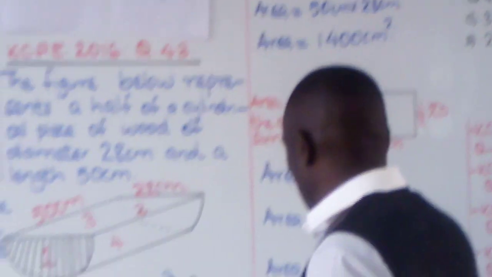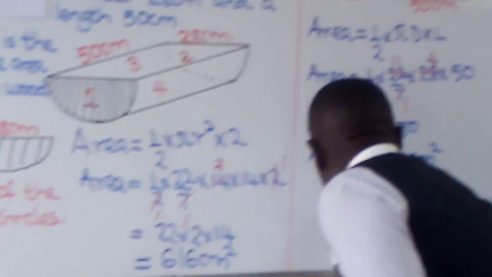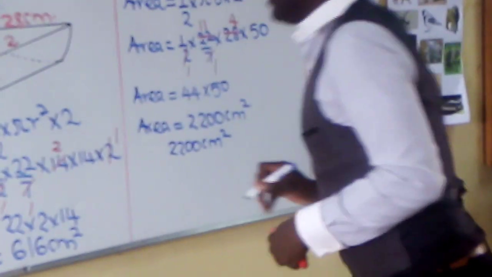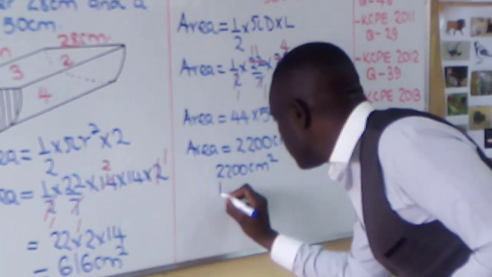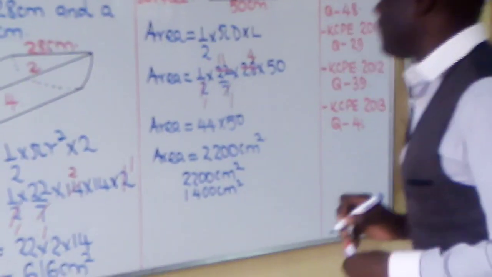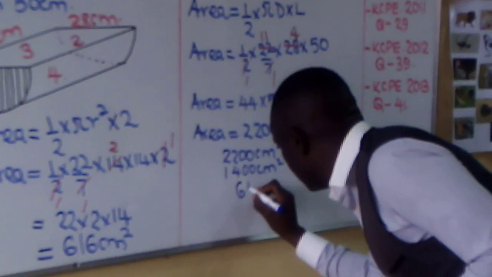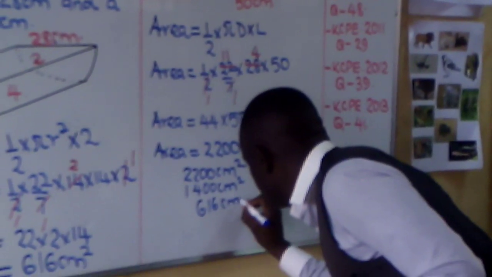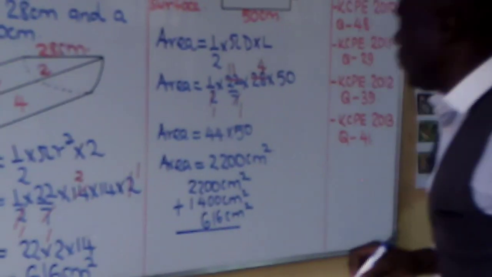And so what are we going to add? We're going to add 2,200 square centimeters plus 1,400 square centimeters plus 616 square centimeters, and then we add them.